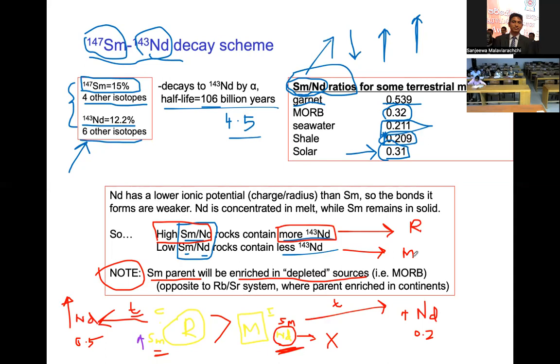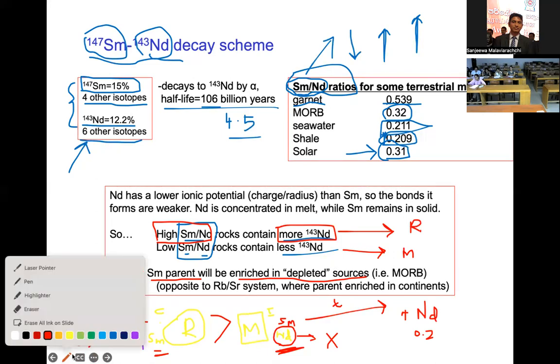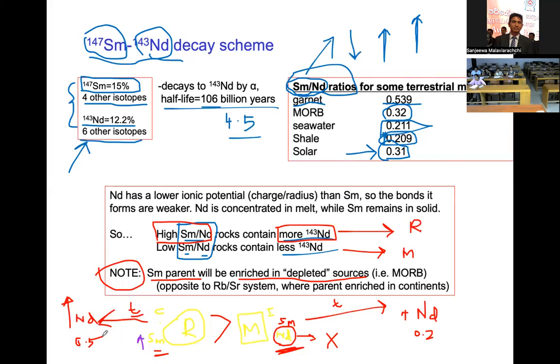So now we consider partial melting of the mantle, and partial melting of the mantle produces continental crust. Okay, so continental crust is representing what? The melt composition.